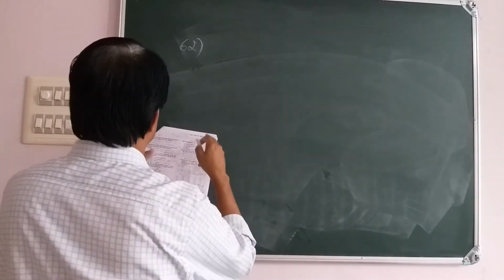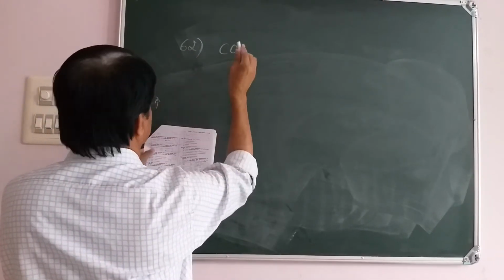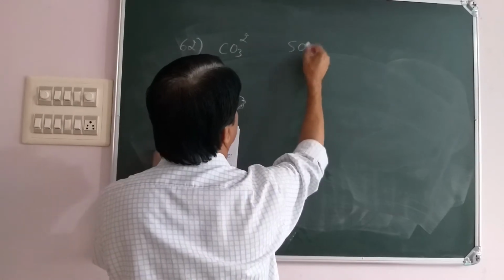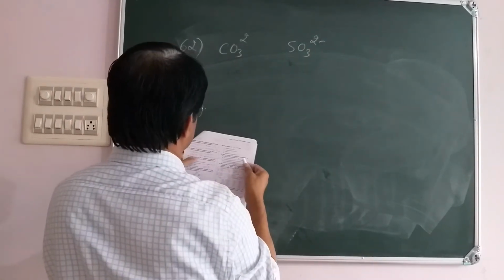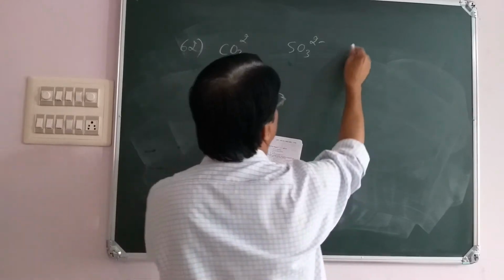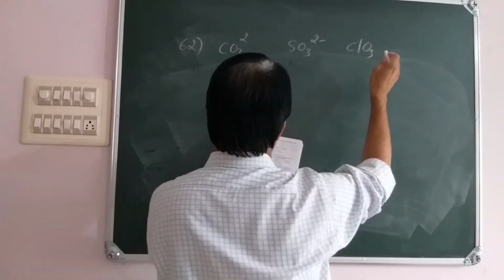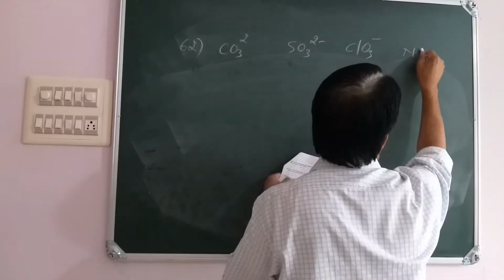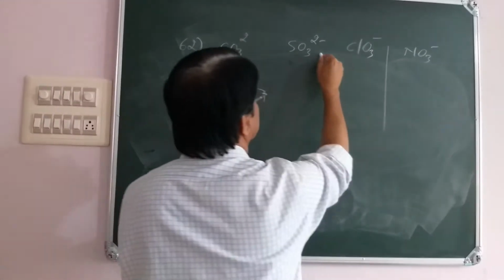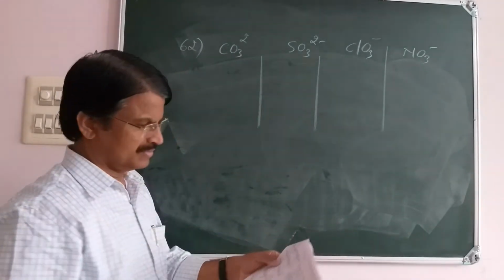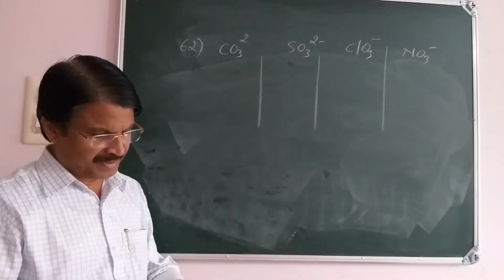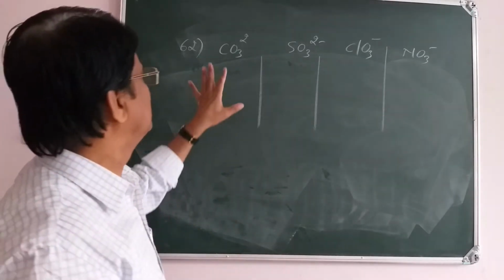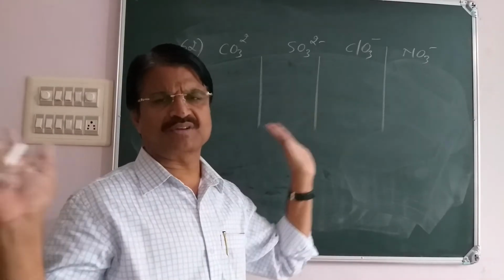See here, CO3 2 minus, SO3 2 minus, ClO3 minus, NO3 minus, NO3 minus. Isostructural, isoelectronic. They ask 2 points, number of electrons and structural formula.